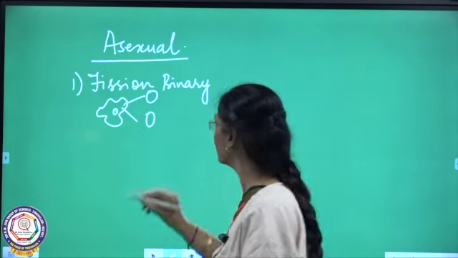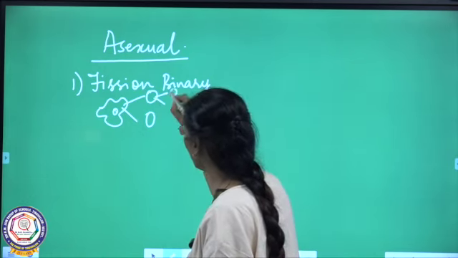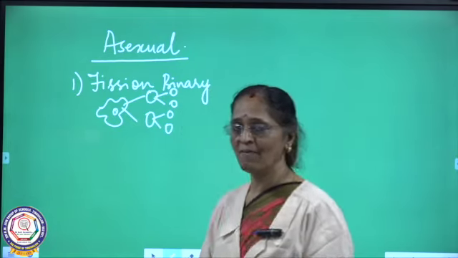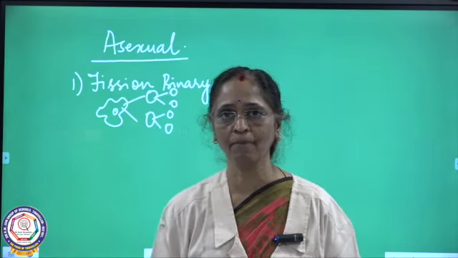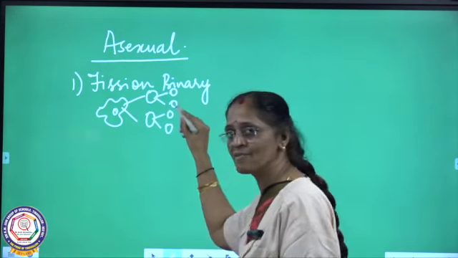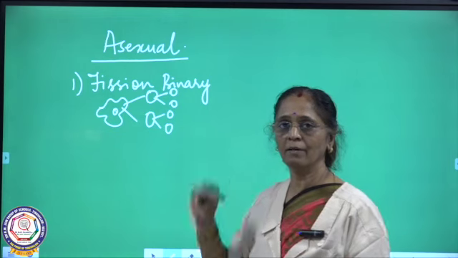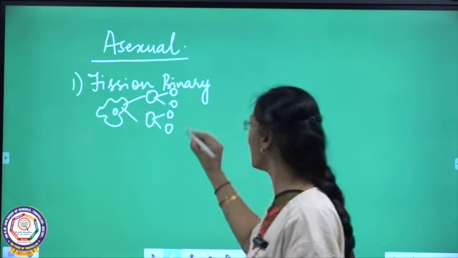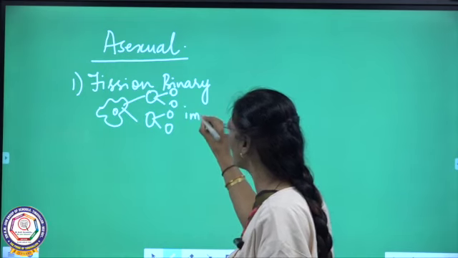And from this, again this daughter cell will divide and give rise to two. Here, when we see the single cell organism, one cell giving rise to two, these two give rise to another two. Here, there is no death of an organism, so we call this immortal.